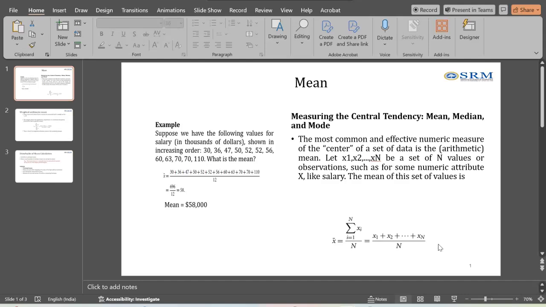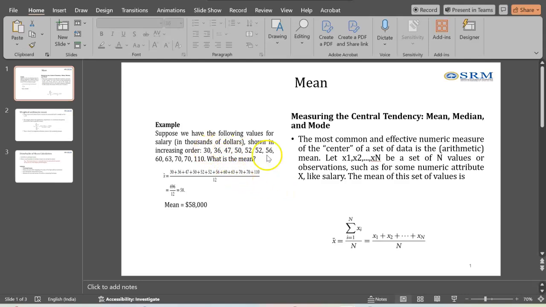Now let us take an example. Suppose we have the following values for the salary, shown in increasing order: 30, 36, 47, 50, 52, 52, 56, 60, 63, 70, 70, 110. What would be the mean? To find the mean, you add up all the values, and then divide the sum by the number of observations.